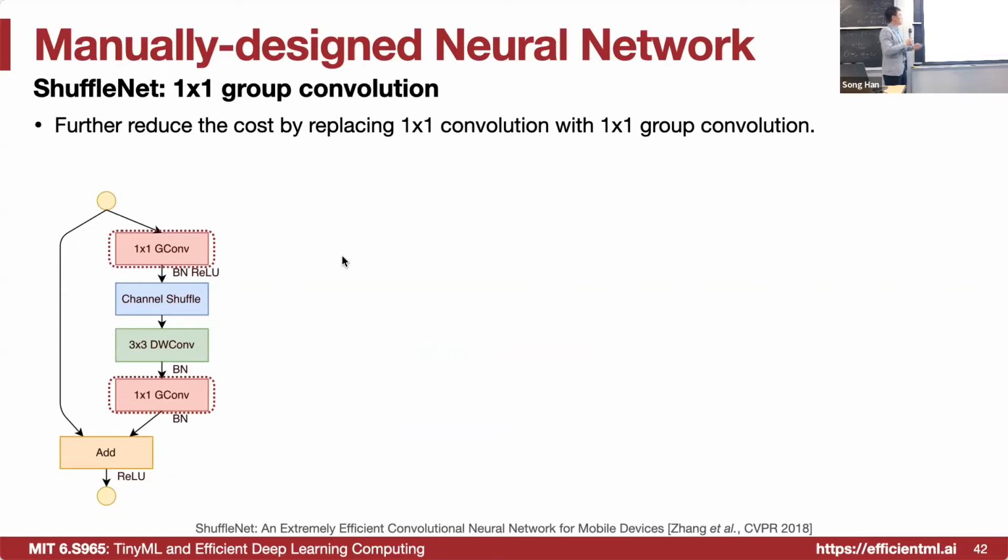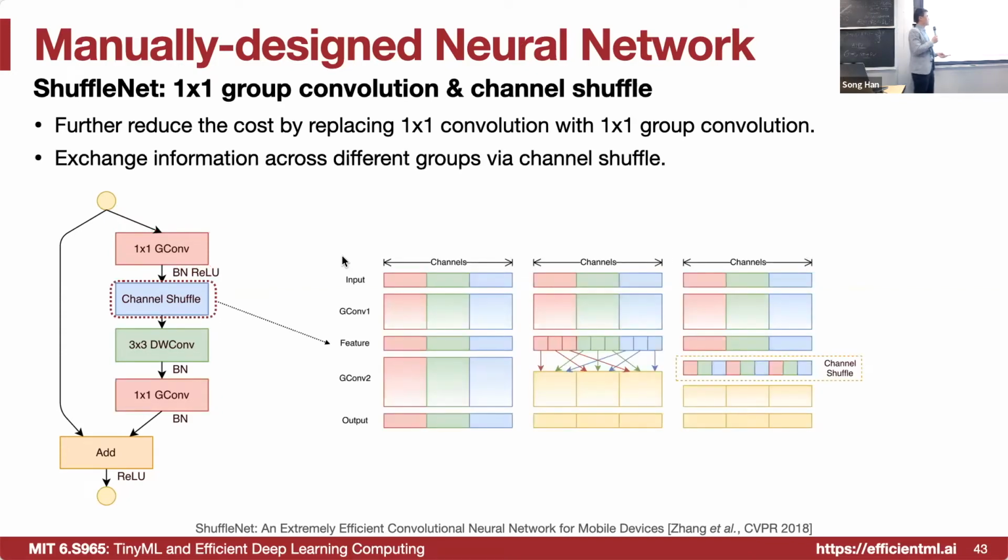Okay, so for 3x3 convolution, we can have this group-wise convolution. How about this 1x1 convolution? Can we have group conv for 1x1 as well? The answer is yes. So in this original net, we have 1x1 convolution, but we want to turn it into group-wise convolution. And what happens for group-wise convolution?